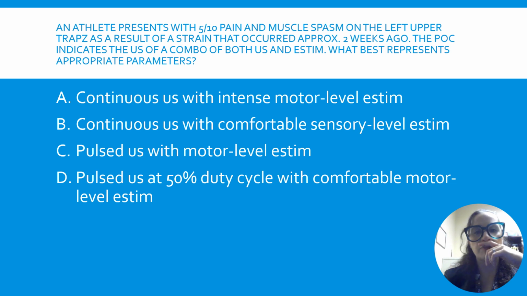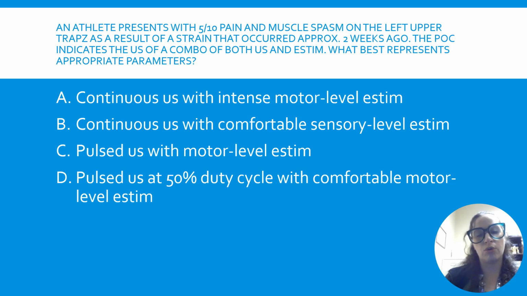So you're talking about an ESTIM. It's not acute because it happened 2 weeks ago, but it's not super chronic, right? However, because you're thinking ultrasound for a muscle spasm, your non-thermal effects are going to do nothing for a muscle spasm. And again, it's not contraindicated because it's not acute.